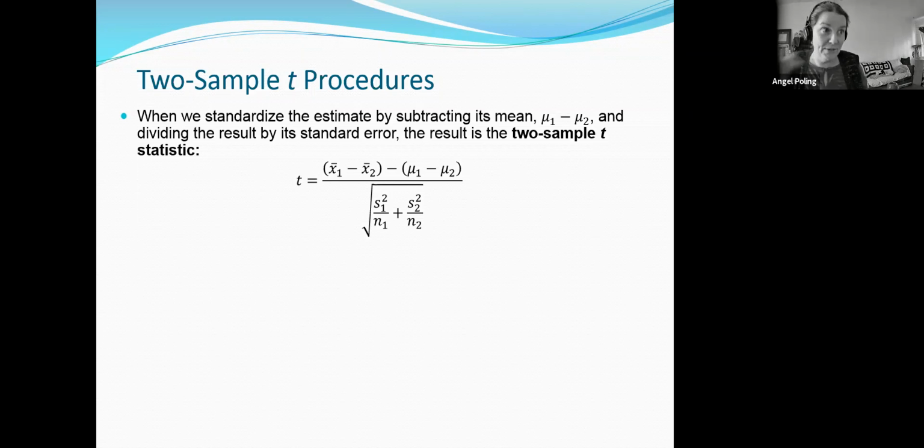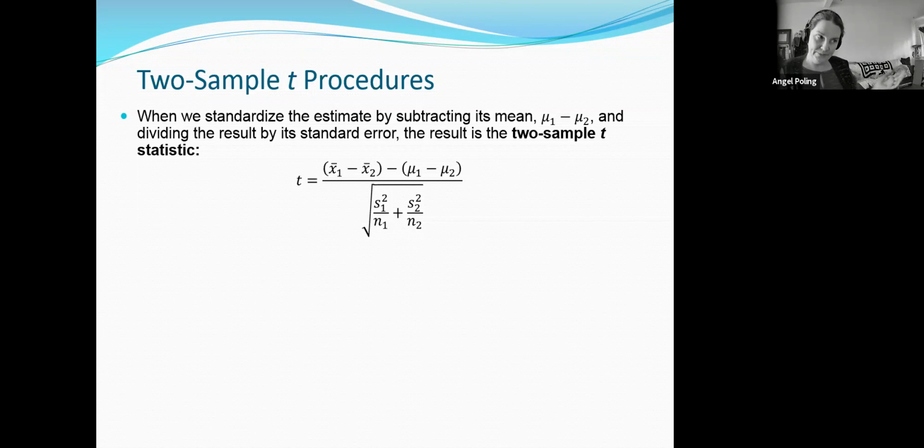So you have three differences up there, the difference of the differences, right? And then on the denominator, you've got that standard error that we just described in the last slide. So this is your T statistic. If you're asked for the T statistic, here it is, right?